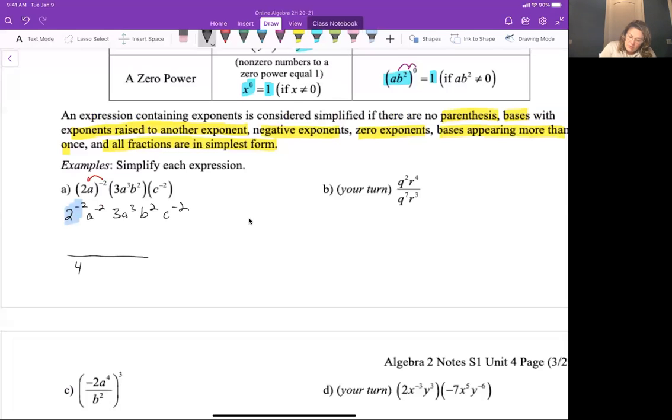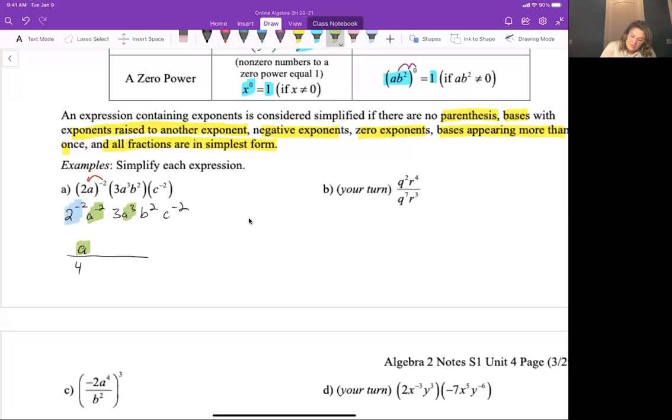Then let's deal with the bases that are a's. So I have a to the -2 and a to the 3rd. I can add those two. So 3 plus a -2 gives me a +1. And so I would get a, and that would be the result of simplifying that.